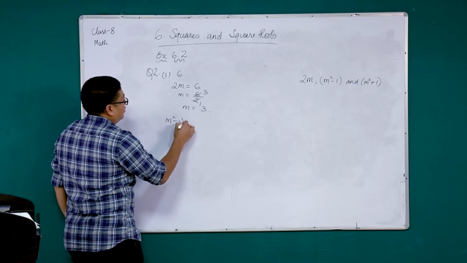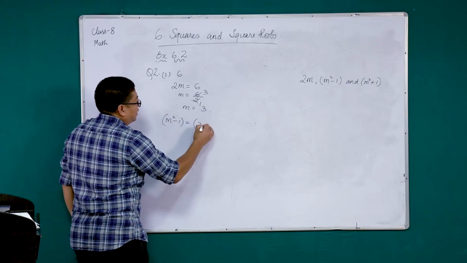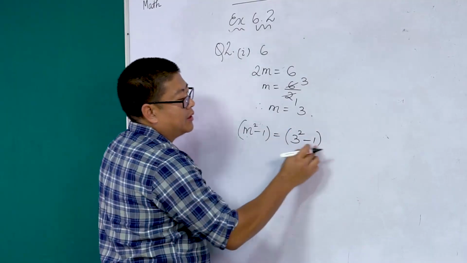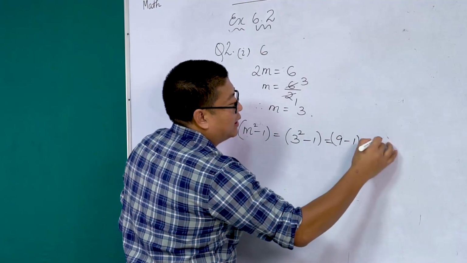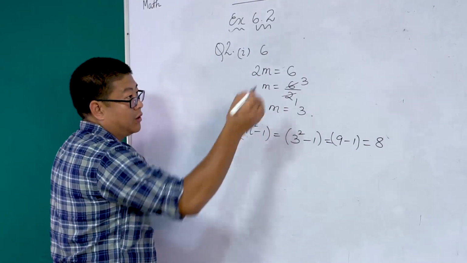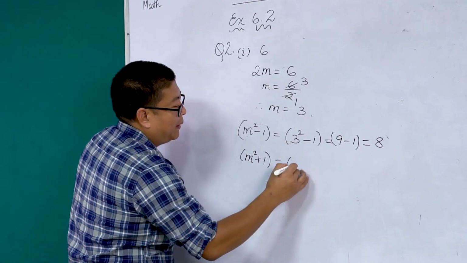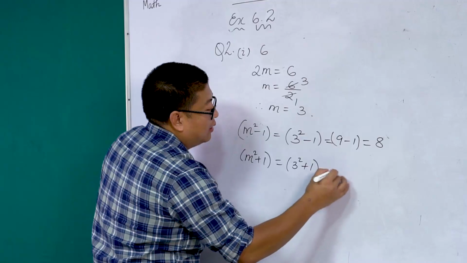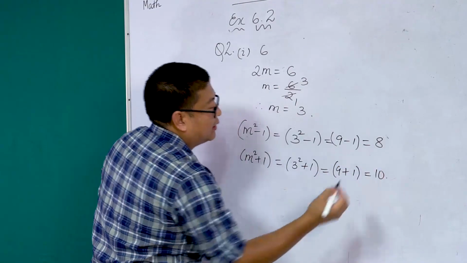M square minus 1 is 3 square minus 1, 9 minus 1 is 8. First part is over. The next number, m square plus 1, so it will be 3 square plus 1. It's nothing but 9 plus 1, and you get the answer 10.